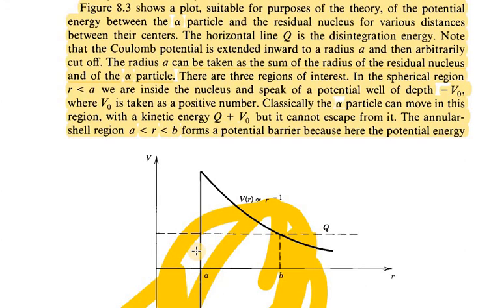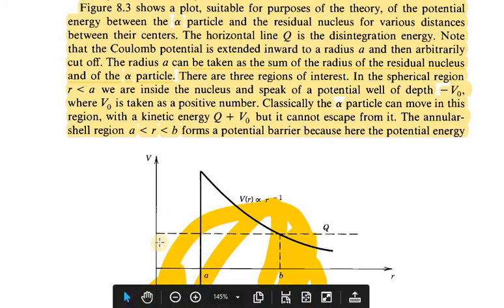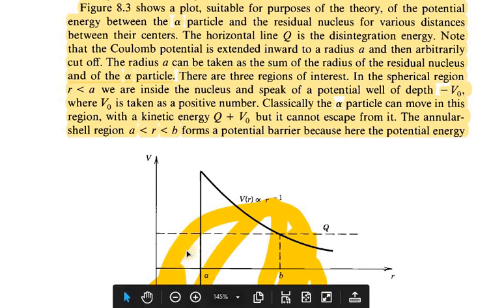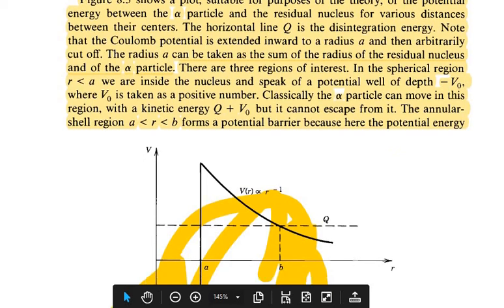There are three regions of interest. The first is the spherical region. We assume that the parent nucleus is spherical in shape. So in the spherical region, R less than A, we are inside the nucleus, where the potential depth is minus V0.